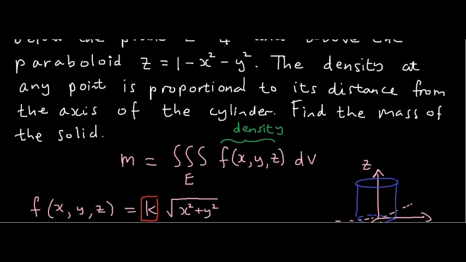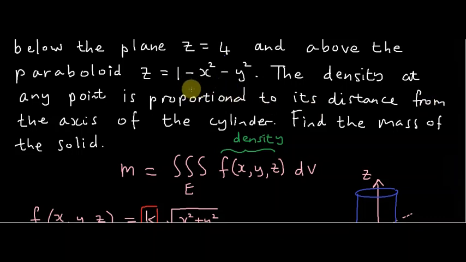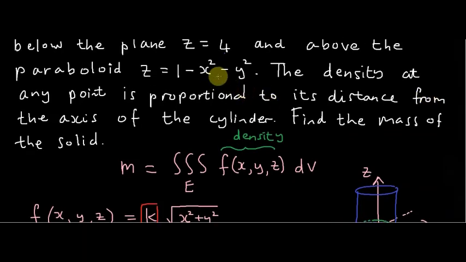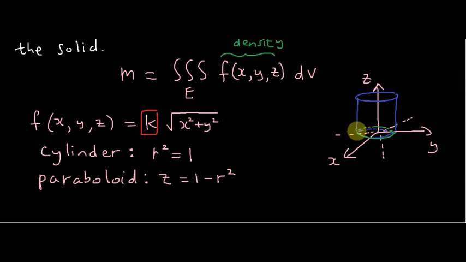Then we have the paraboloid. Now note that when z is 0, x squared plus y squared is 1, so we have a circle in the xy plane of radius 1. Then when x and y are both 0, z equals 1. So we know the paraboloid's maximum height on the z-axis will be 1.